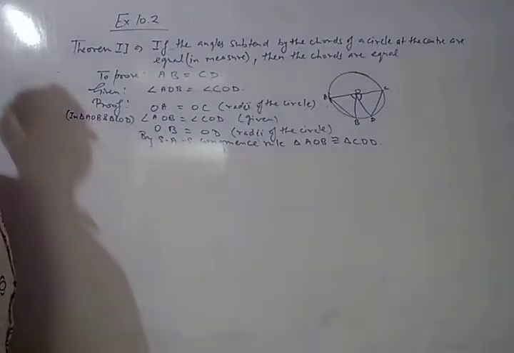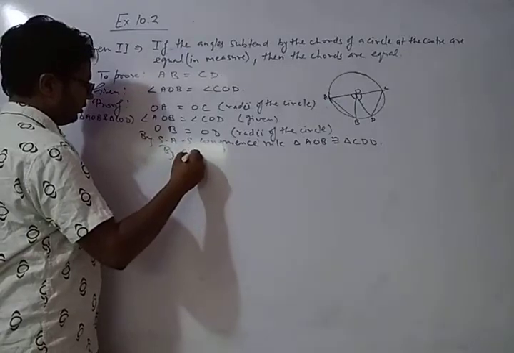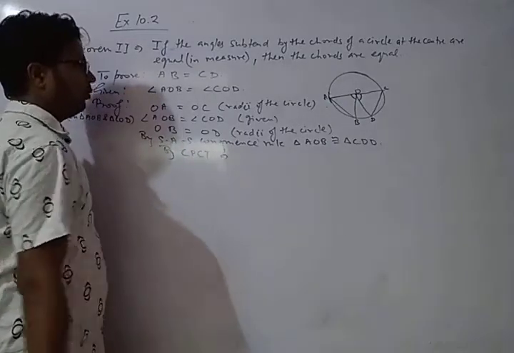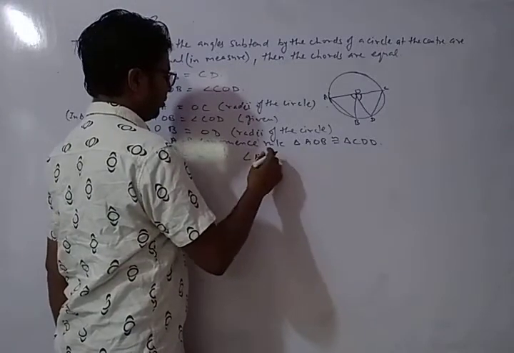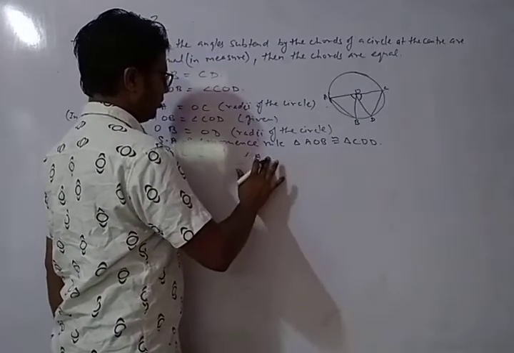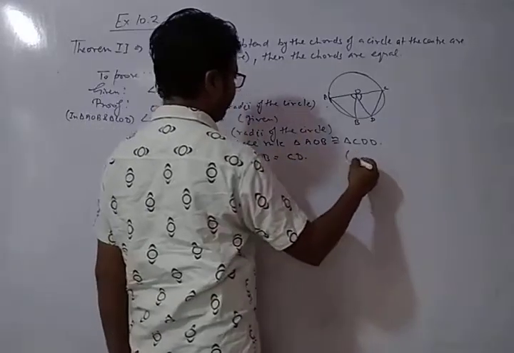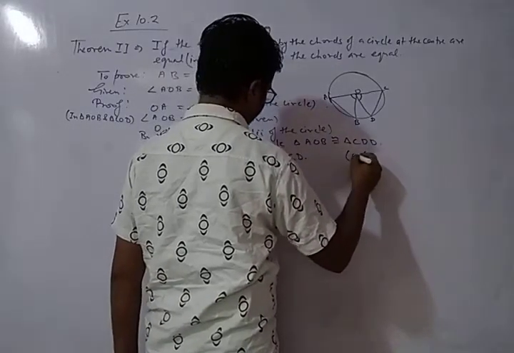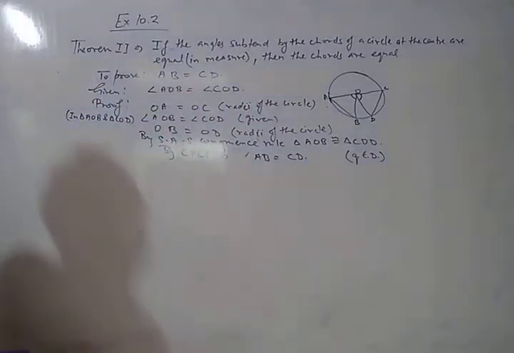Both will be congruent. Now by CPCT we can easily prove that AB is equal to CD. That only we have to demonstrate, what we wanted to prove.